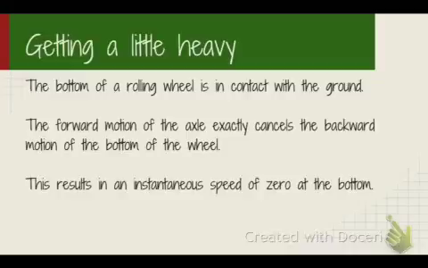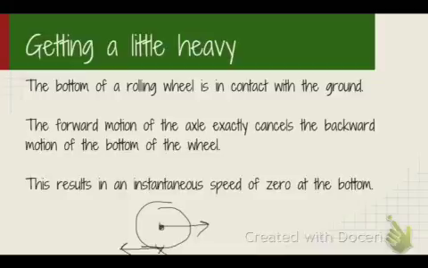Alright, it's going to get a little heavier now. The bottom of a rolling wheel is in contact with the ground at some point, right here. The forward motion of the axle exactly cancels the backward motion of the bottom of the wheel, because there is a tangent coming off of the bottom of the wheel moving in the opposite direction.